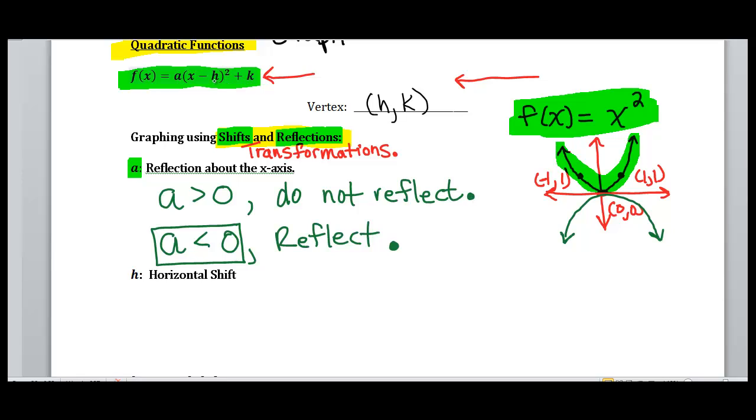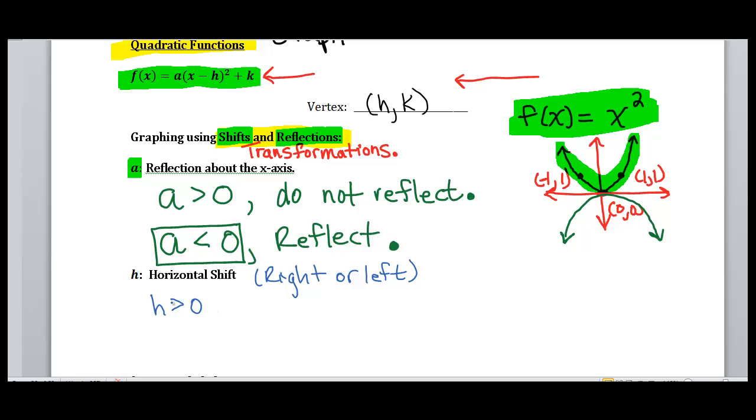And so that's what a tells us. h and k tell us where to move all of our points. Either we're going to shift right or left, or we're going to shift up or down. h tells us our horizontal shift. Remember, horizontal means right or left. Once we find our vertex, we look at whether h is positive or negative.